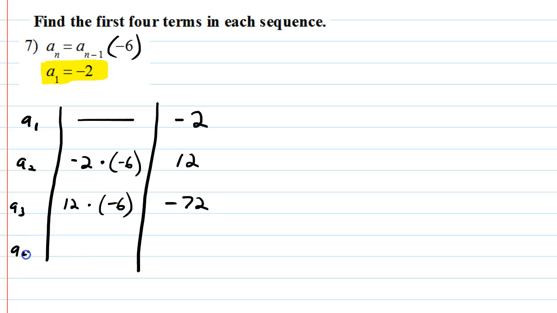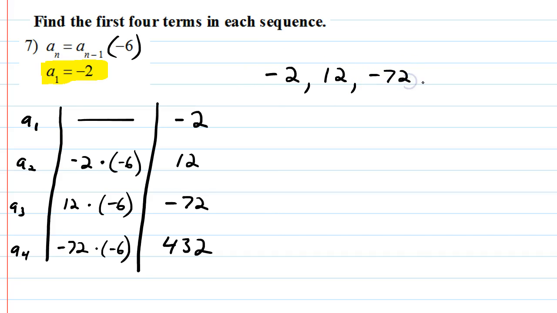And our fourth term is -72 times -6, which equals 432. So our answer is just those listed: -2, 12, -72, and 432.